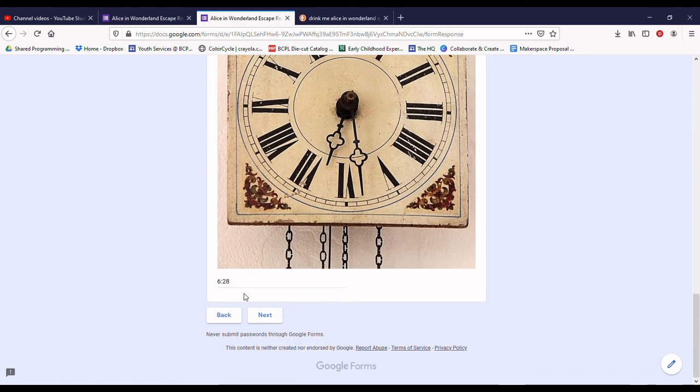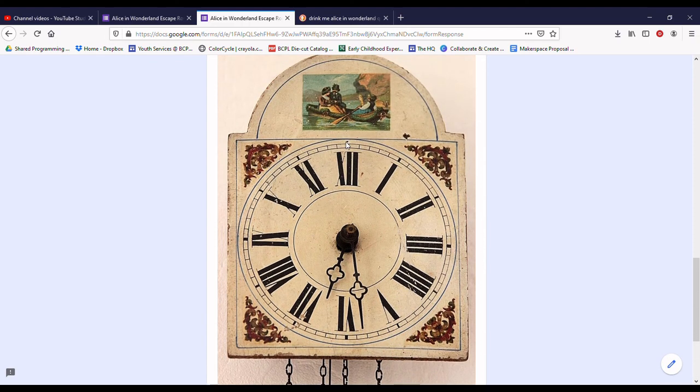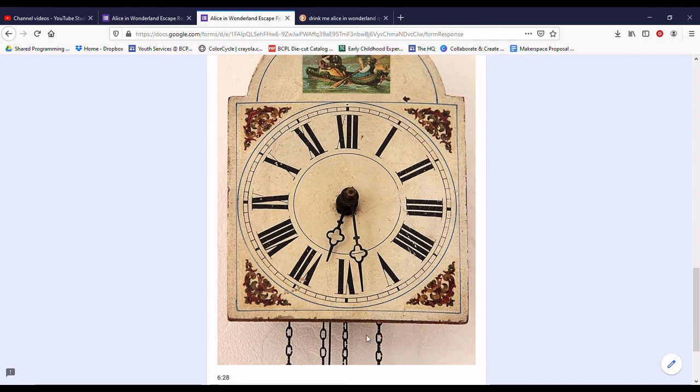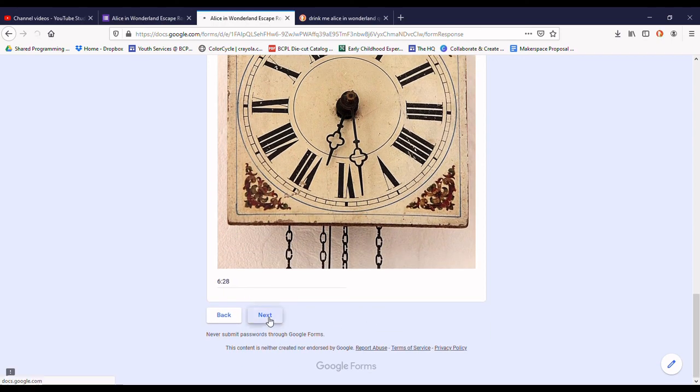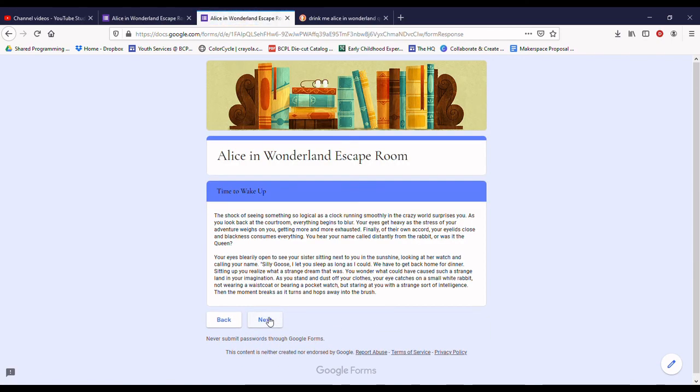That means that 6 is our first number, and 5, 10, 15, 20, 25, 30. So we're behind 30, so that would be 29, 28. So 628 is our answer. And we've solved the puzzle.